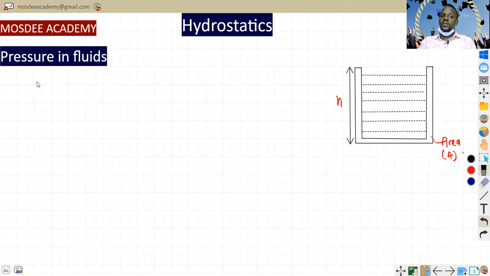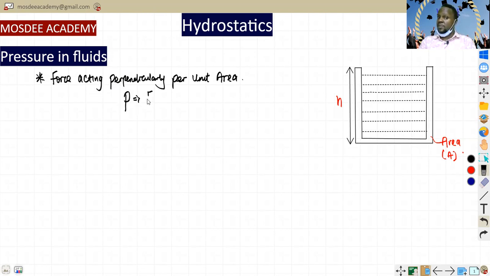So we can say pressure is just force acting perpendicularly per unit area. That is the definition we give to pressure, and we can write that mathematically as: pressure is the force acting normal, and normal is simply perpendicular, divided by area.